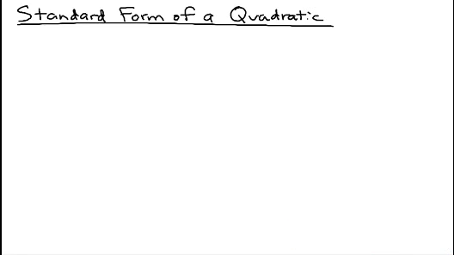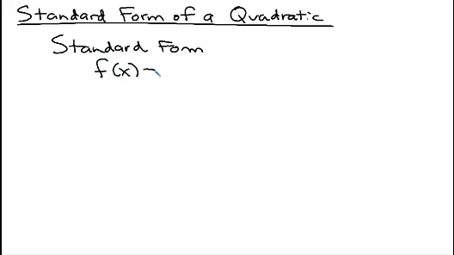All right, this morning we are going to take a look at the standard form of a quadratic. And what this allows us to do is to find the vertex of any parabola. All right? So the standard form of any quadratic is this: f of x equals a times x minus h quantity squared plus k.